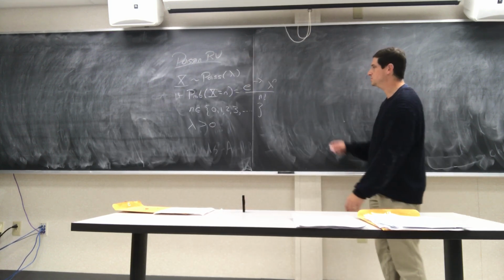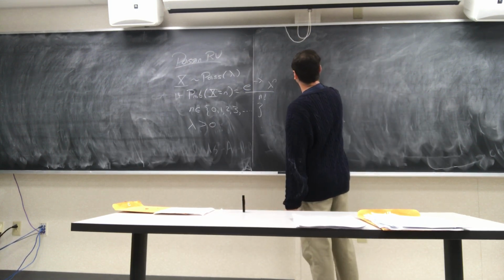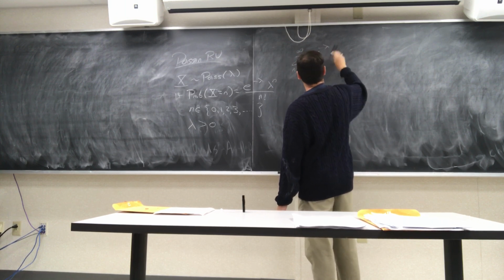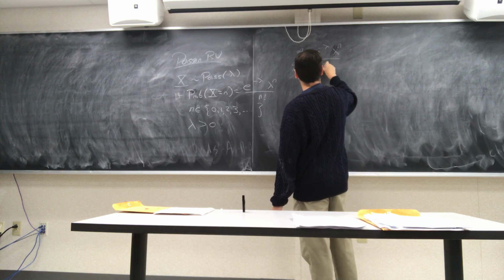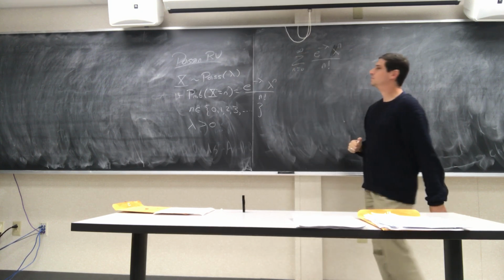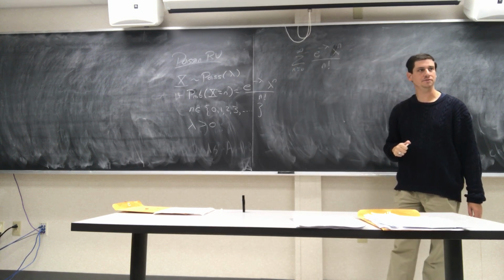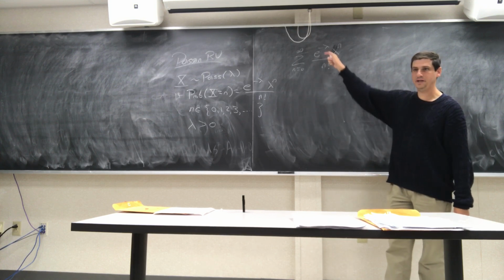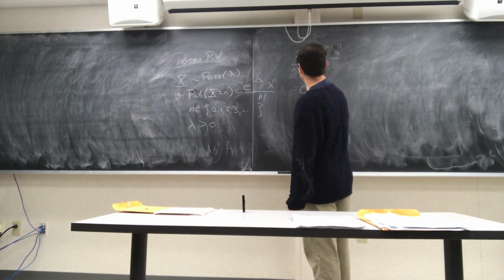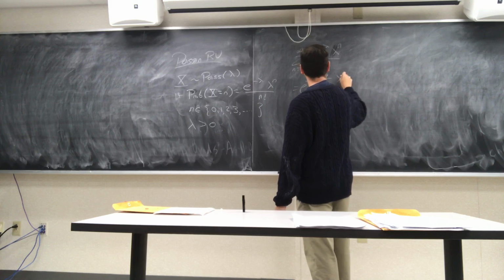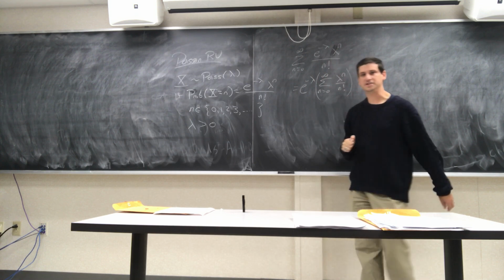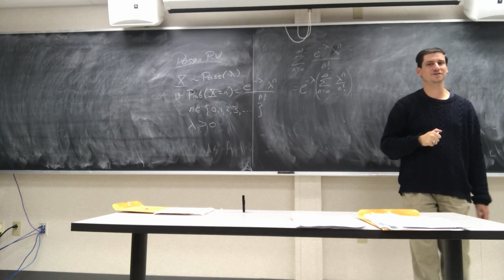Okay, so the first thing is, it's non-negative. We need to show that it sums to 1. So if we sum, n goes from 0 to infinity of e to the minus lambda, lambda to the n over n factorial, well, we can pull out the e to the minus lambda, because this has no dependence on n. So this will be e to the minus lambda times the sum, n goes from 0 to infinity, of lambda to the n over n factorial. Does anybody recognize what's in parentheses?